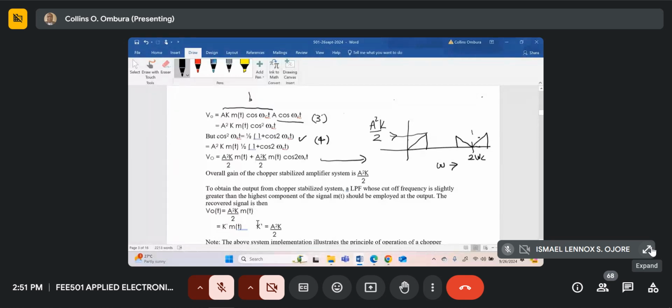So to recover the signal, you're going to put a low pass filter whose response is maybe something like that. This is the response of the low pass filter to recover back our baseband signal. So it should be able to pass the highest frequency component of our baseband signal.